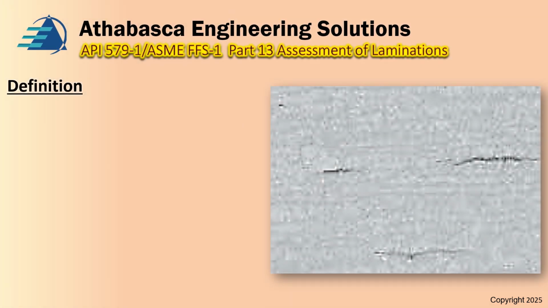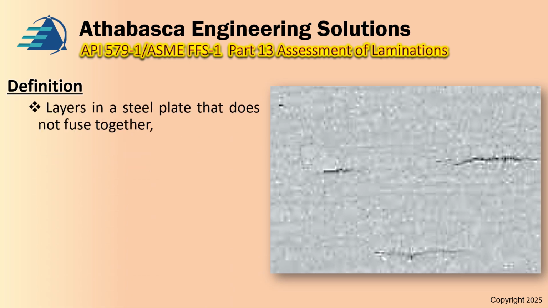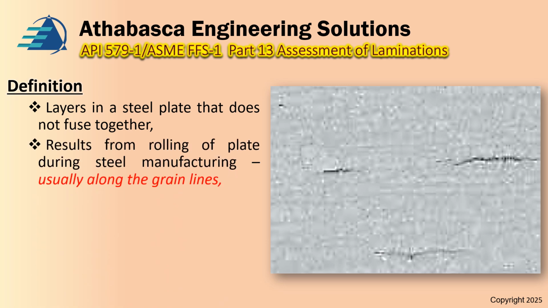Look at the definition of a lamination. In the diagram to the right, you can see 3 laminations in a steel structure in a plate. Basically, a lamination is defined as layers in a steel plate that do not fuse together.